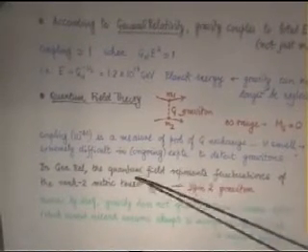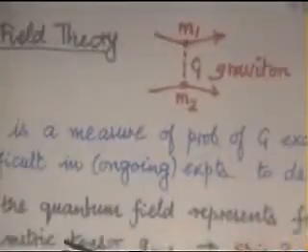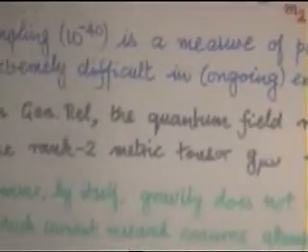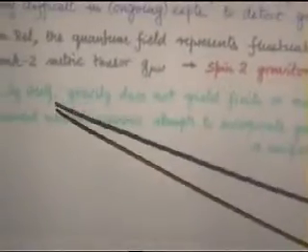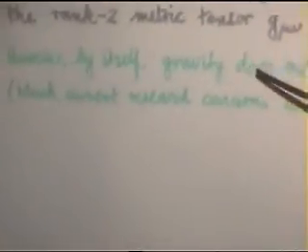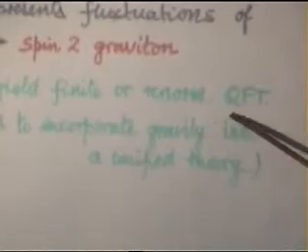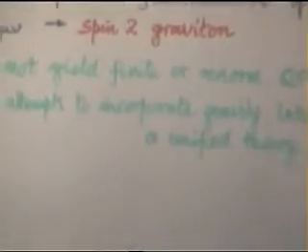Now, there's a problem in general relativity. First of all, in general relativity, the quantum field represents fluctuations of the metric, which has rank 2, meaning that the graviton, if it exists, has spin 2. On its own, we have a problem because it doesn't yield a finite or renormalizable quantum field theory, due to the singularities of this interaction.